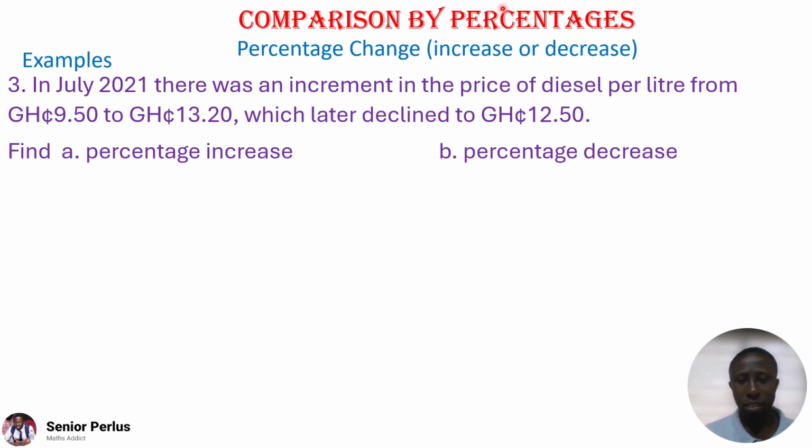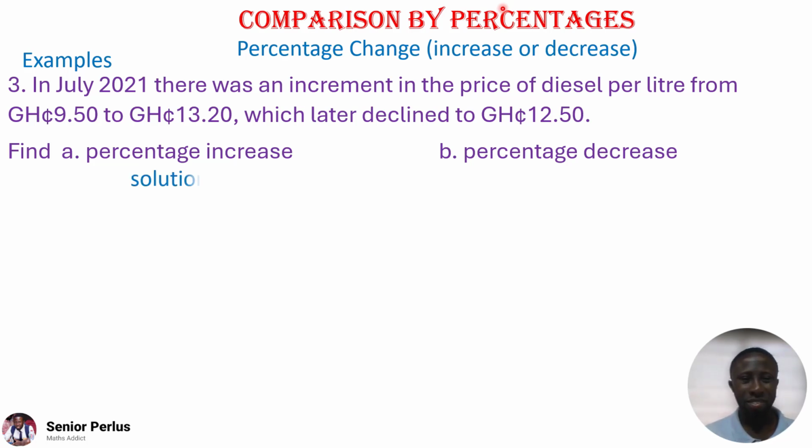So the third question is, in July 2021, there was an increment in the price of diesel per liter from 9 cedi 50 pesewas to 13 cedi 20 pesewas, which later declined to 12 cedi 50 pesewas. Find A, percentage increase, B, percentage change.